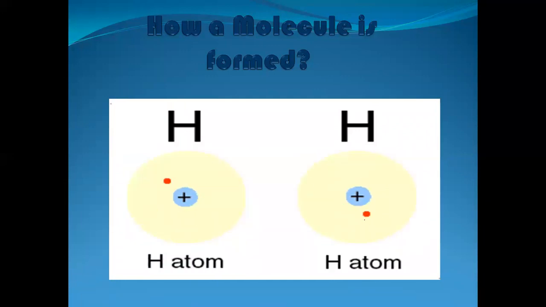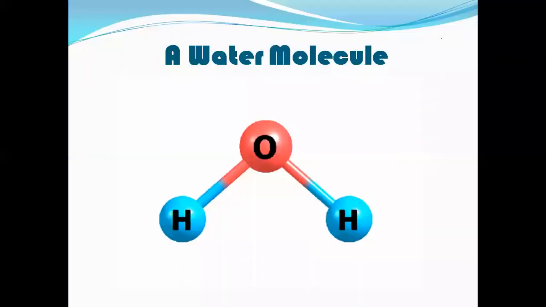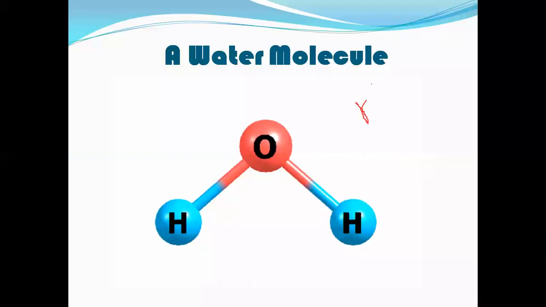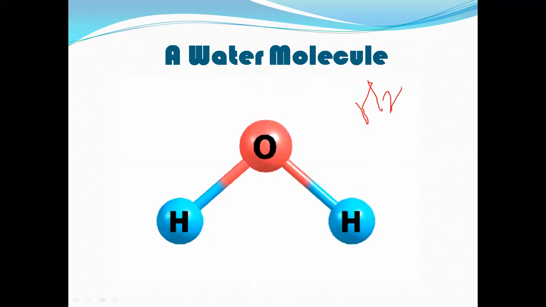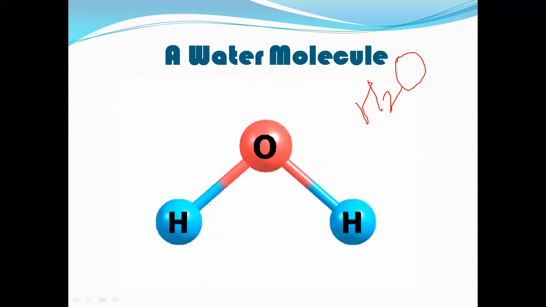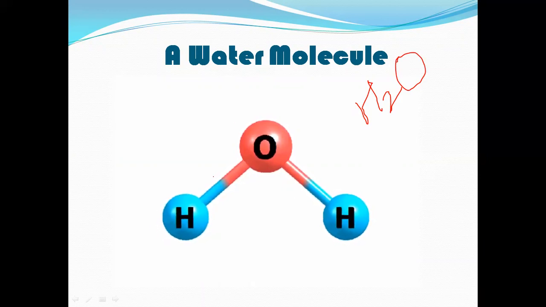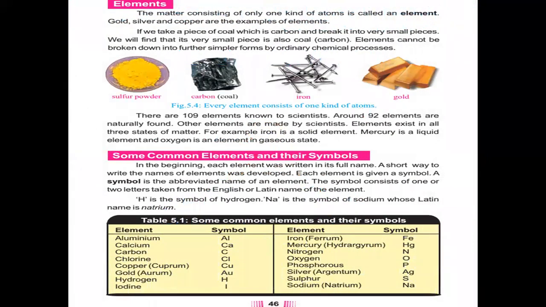So when they come closer together, they form H2, hydrogen molecule. So now this is what? Yes, H. How many atoms of H? 2, and 1 is O. So that is what? A water molecule. So here 2 hydrogen atoms and 1 oxygen atom, they collectively combine to form 1 water molecule.